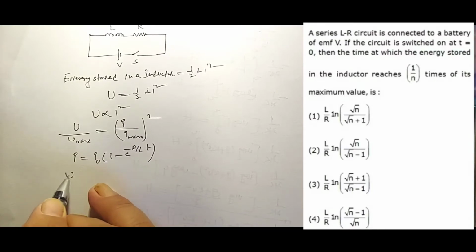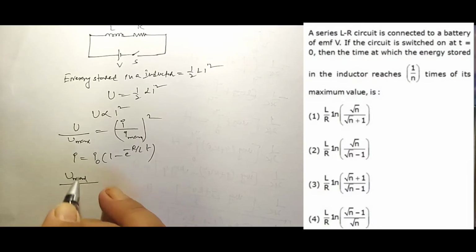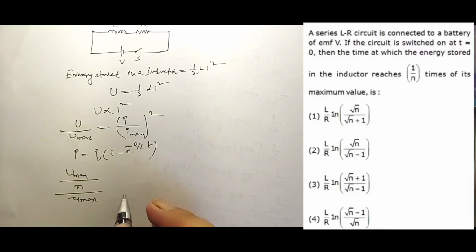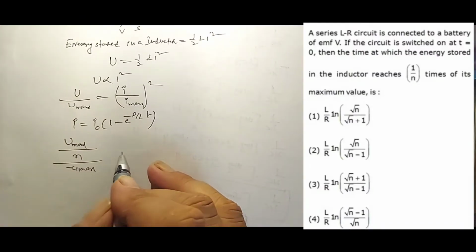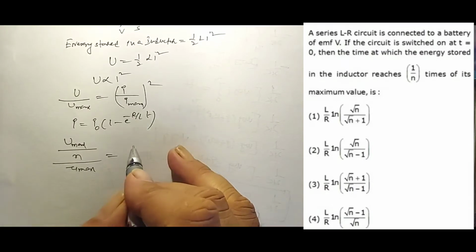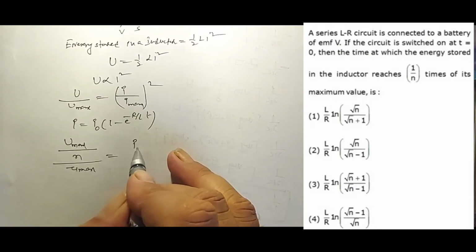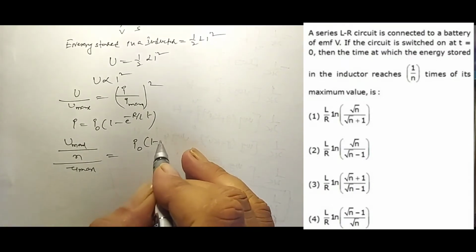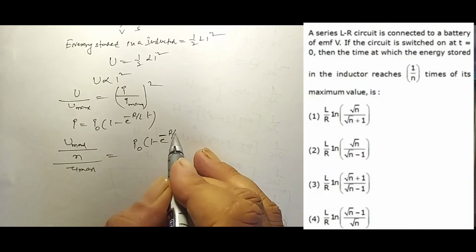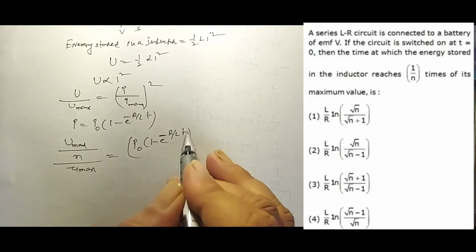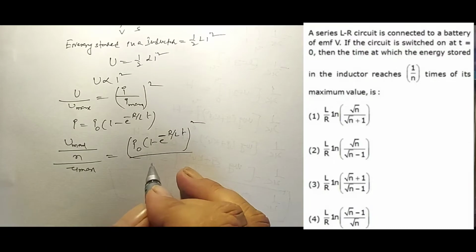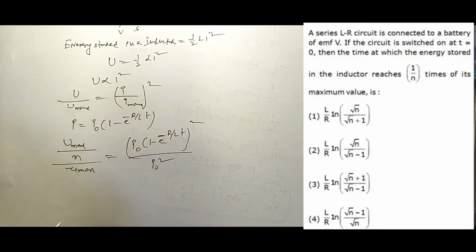According to the given problem, after time t seconds, the energy stored in the inductor is 1 by n times the maximum energy. U maximum by n is equal to I, here I0 into (1 minus e power minus R by L into t) whole square, divided by I0 square.